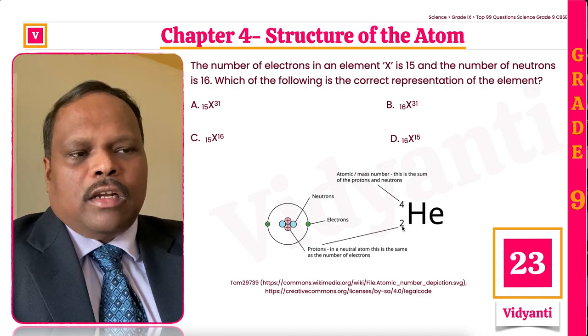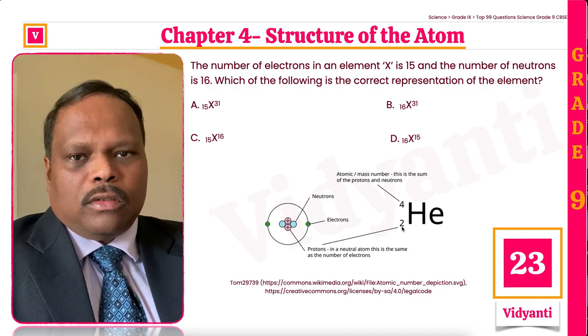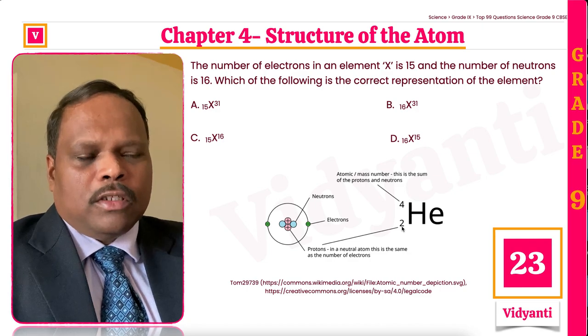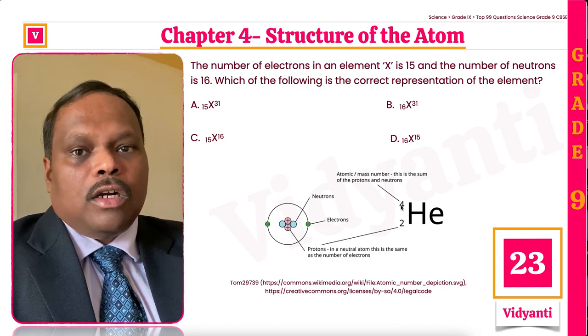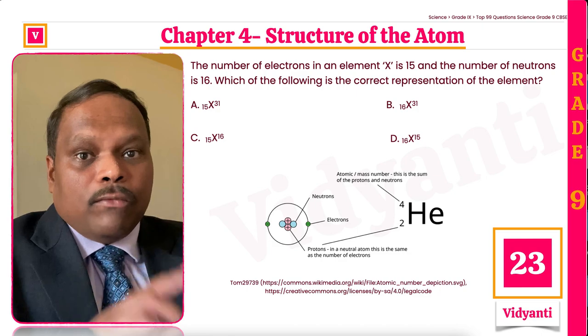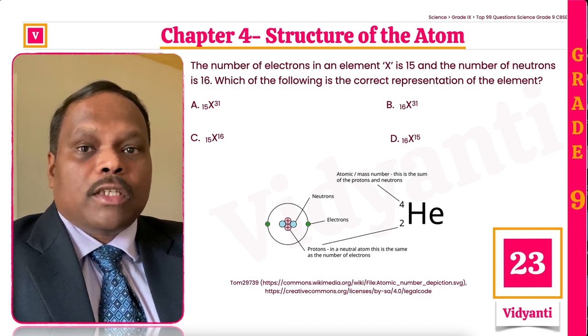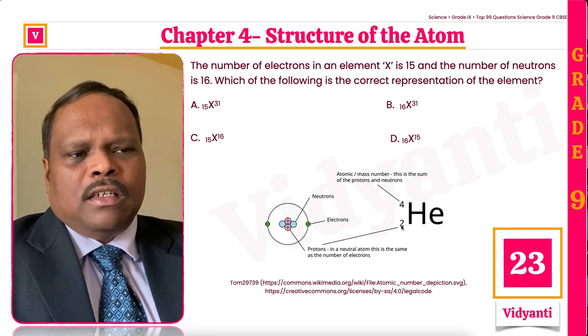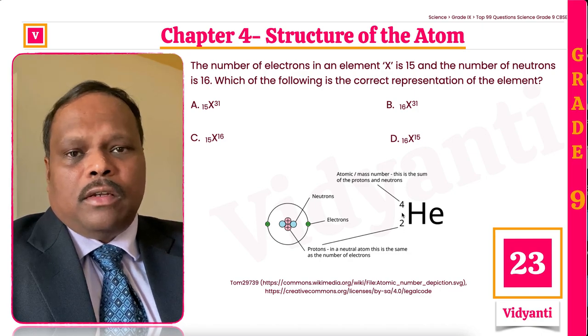So here you have 2 protons, which is the same as electrons, and here you have the total number of particles within the nucleus, which is protons plus neutrons. So we can see protons and electrons are 2, but the neutrons make the difference.